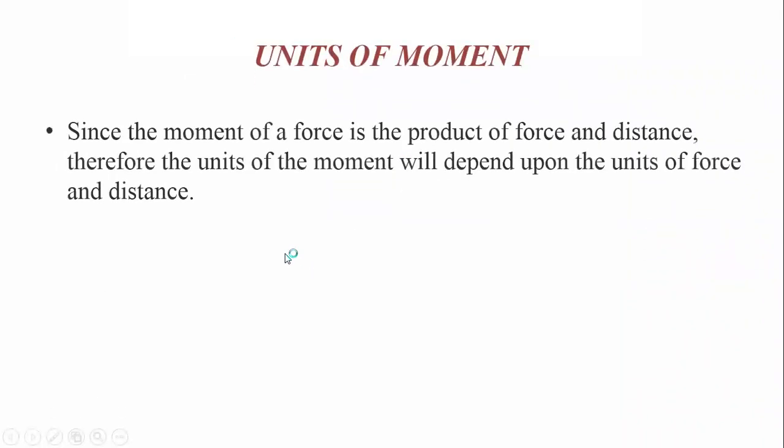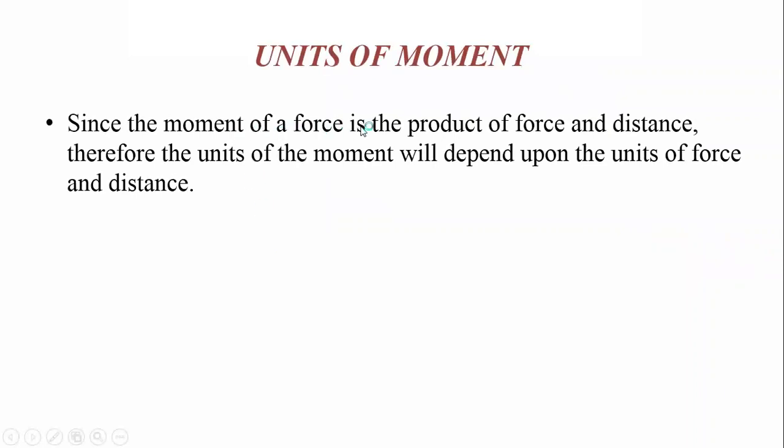Now let us see the unit of moment. Since the moment of a force is the product of force and distance, the unit of moment depends upon the unit of force and distance. If the force is measured in Newton, kilonewton or kg, and distance in centimeter, meter or kilometer, the unit changes accordingly.